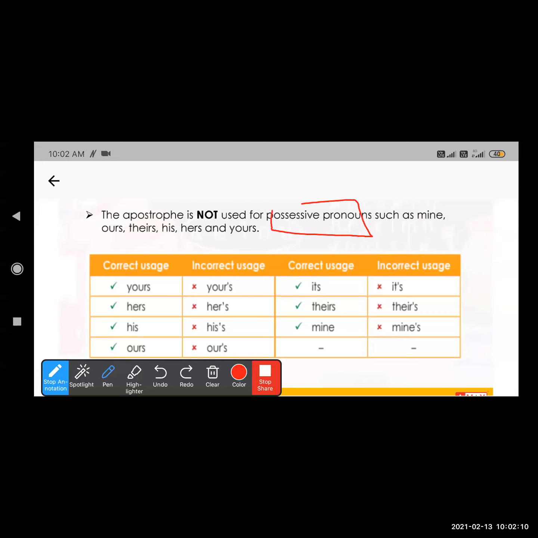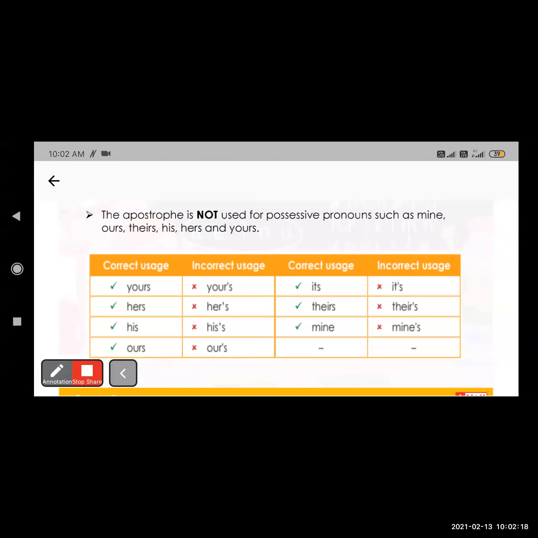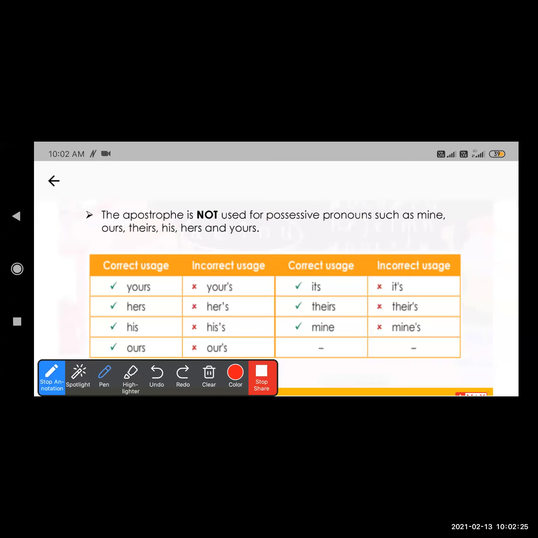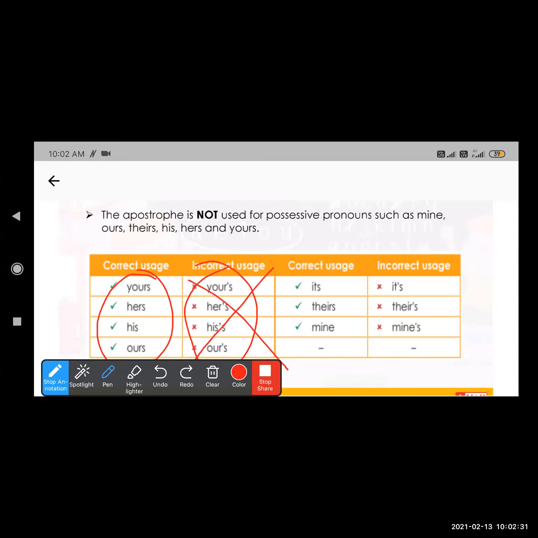Now possessive pronouns are a bit different from the apostrophe. You can see that yours, hers, his and ours all end with s, but they don't have the apostrophe at the top. They don't have any mark at the top. If you write it like that, it will become wrong.